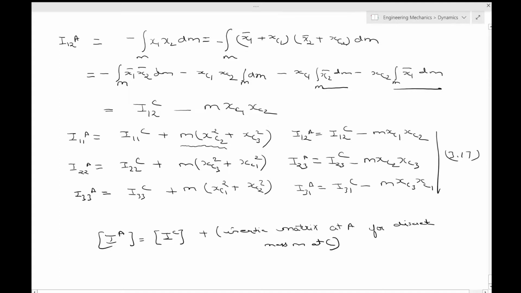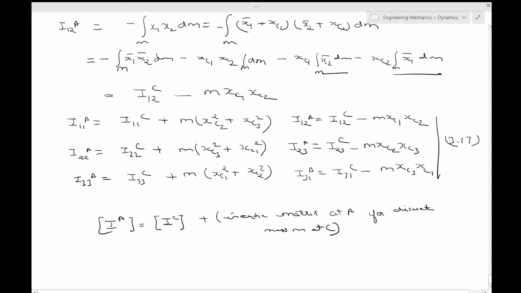So this expression which we have just derived looks as if you have I of C plus an inertia matrix at A for one single discrete mass m at C. Okay, so this is how it looks, and this can also be written.